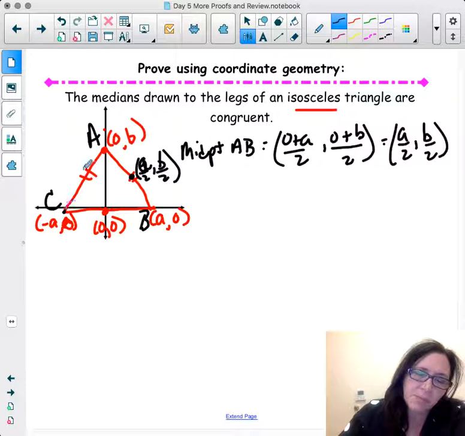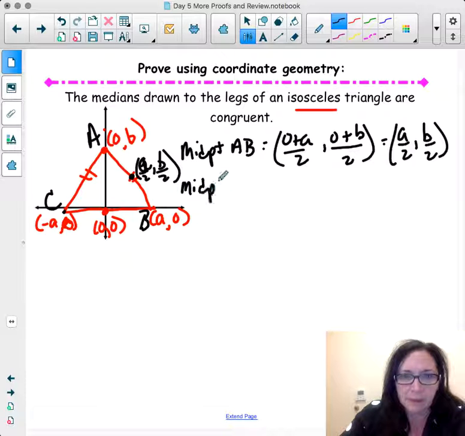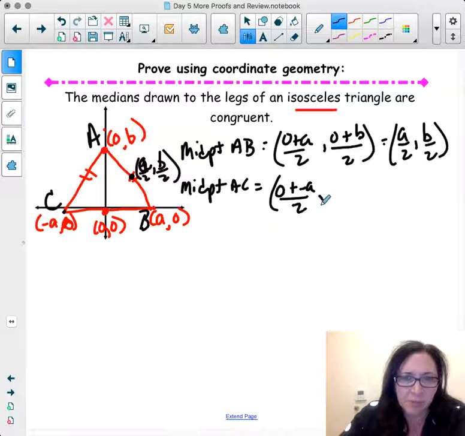And then this midpoint right here for AC is going to equal, add your x's up, divide by 2. So 0 plus negative A divided by 2, and we have B plus 0, so 0 plus B divided by 2.